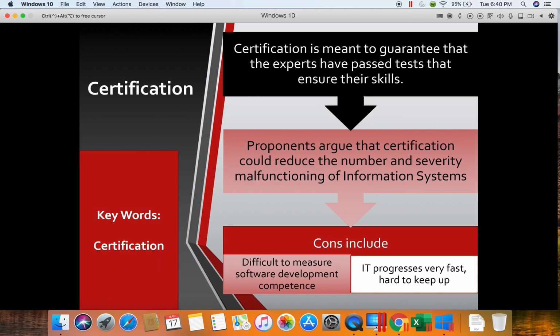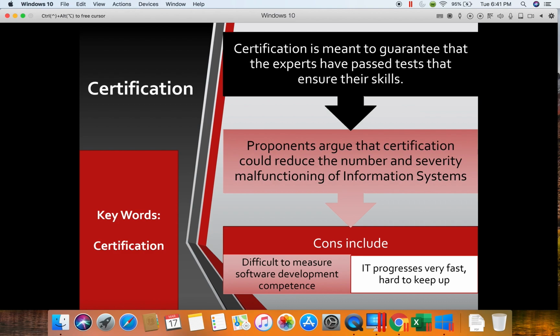Now, certification is meant to try to help guarantee that the experts that we hire have passed tests to ensure that they actually have the skills that we are hiring them to do. Certifying people who have knowledge and skill in a particular discipline that is significantly greater than that of a normal layperson would have.